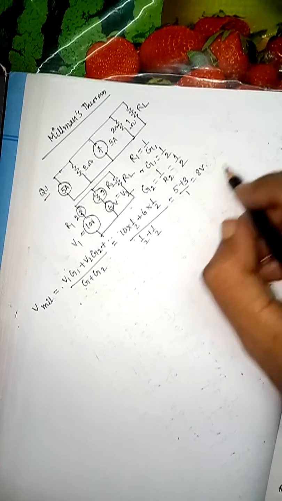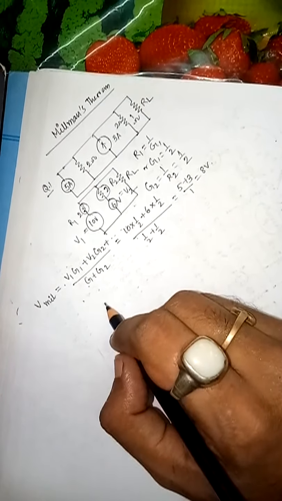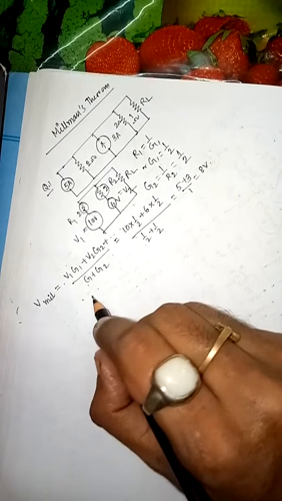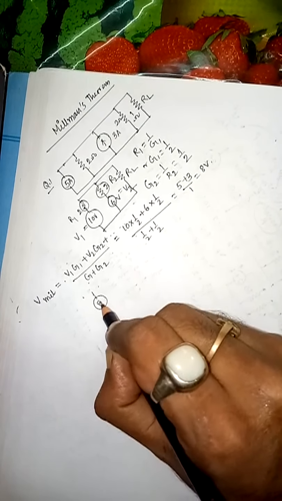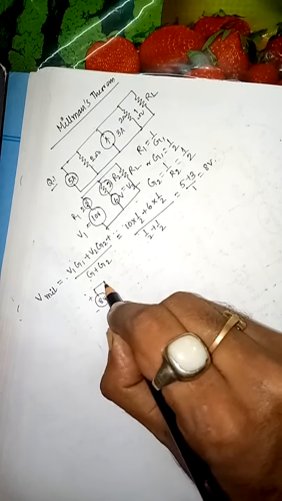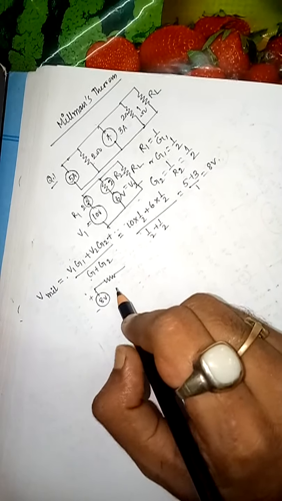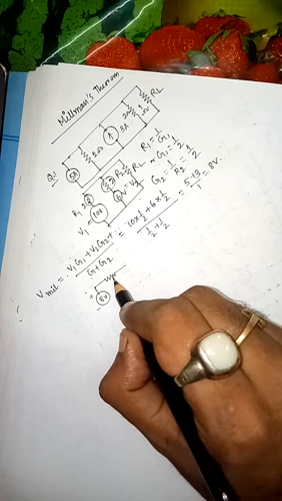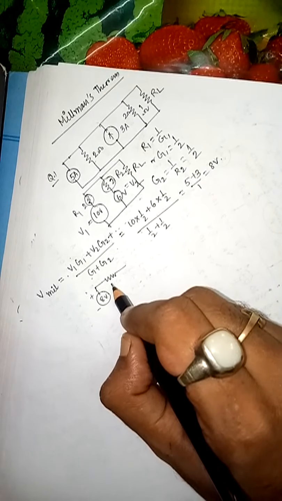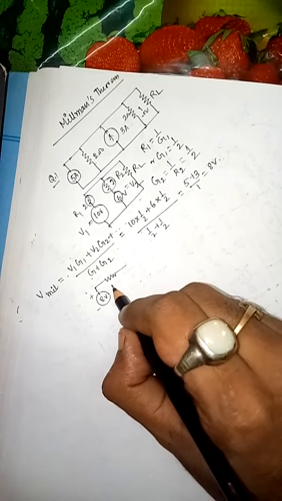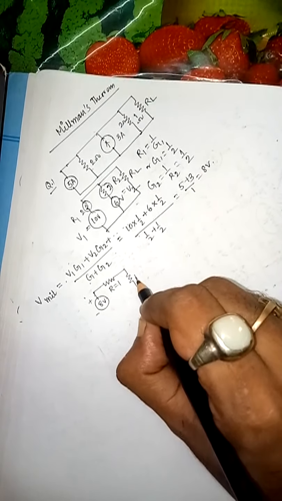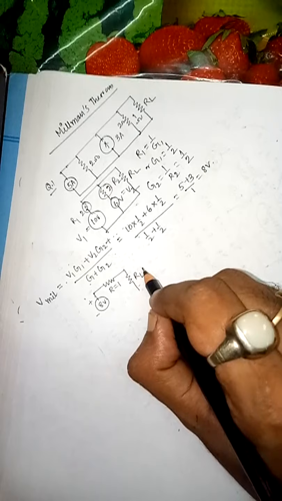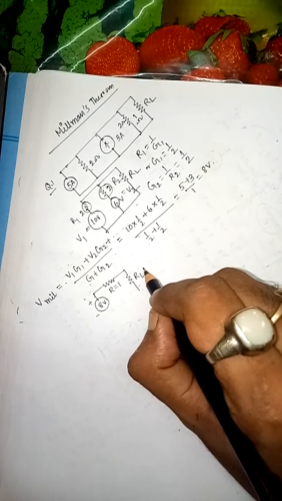Okay, so what is the final circuit by this? You may have 8 volt source, with R here, where R is 1, and that is RL.